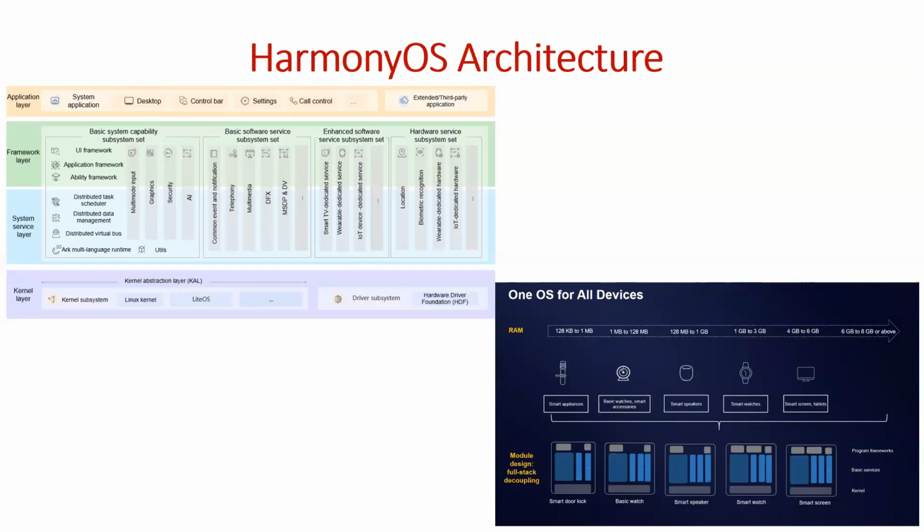Okay, so the key advantage of Harmony OS is this one OS, one development, and it can be used on all different kinds of devices. Be it constrained devices such as smart home applications, or fully fledged smartphones.